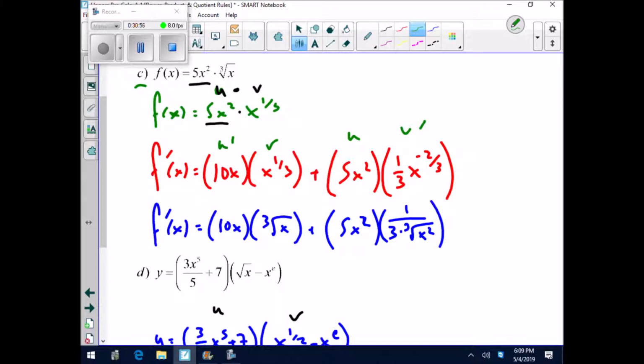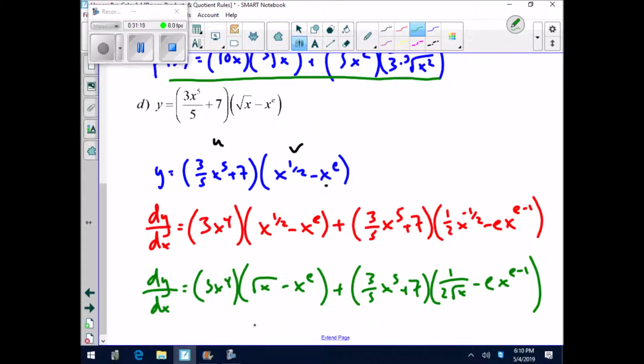And then of course we had to take care of fraction exponents and negative exponents, and right here we would get 10x times the cubed root of x plus 5x squared times 1/3 times the cubed root of x squared as our final form of the derivative there.